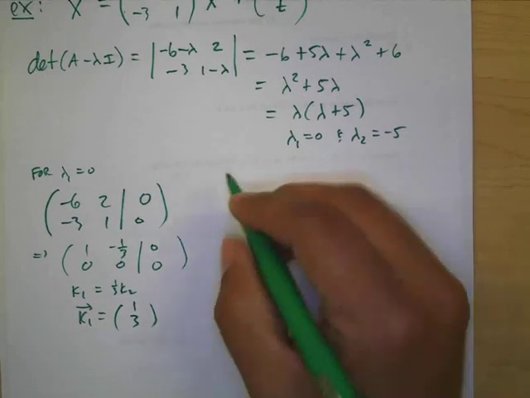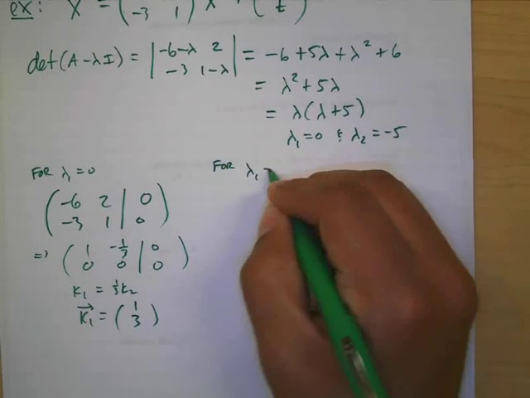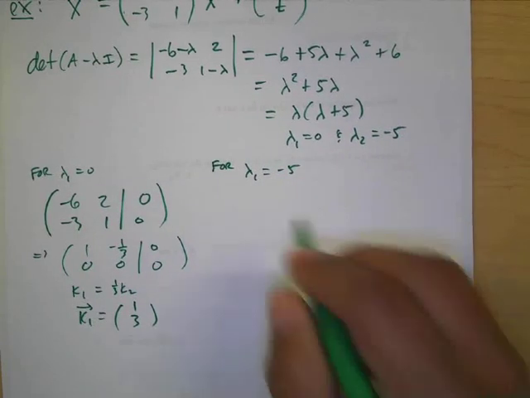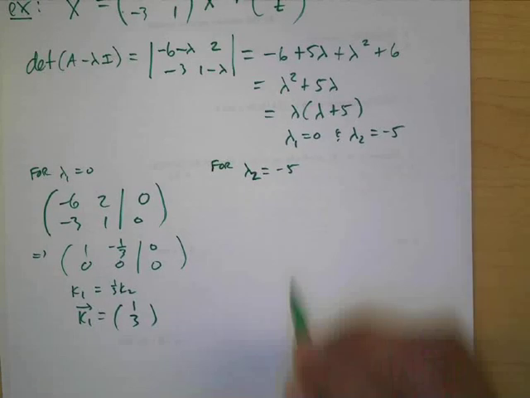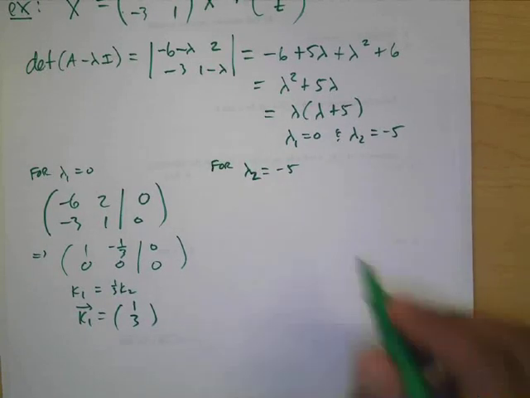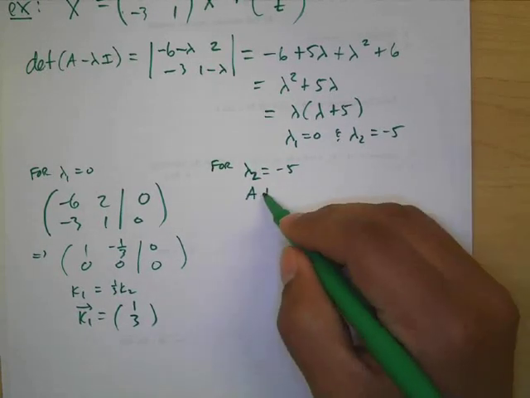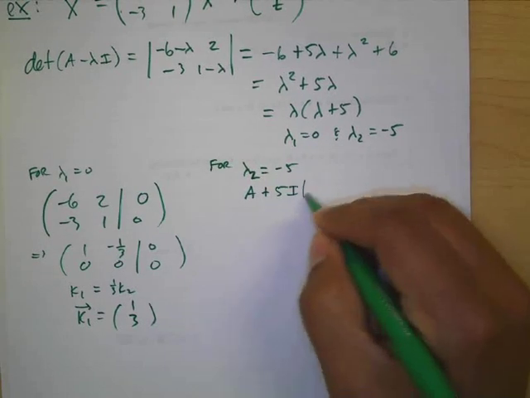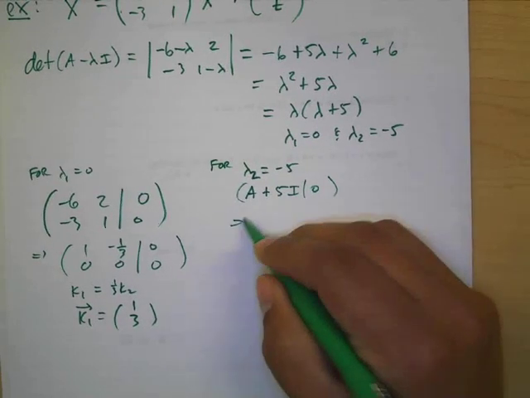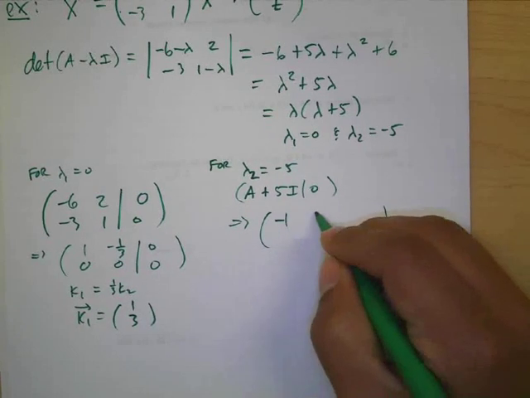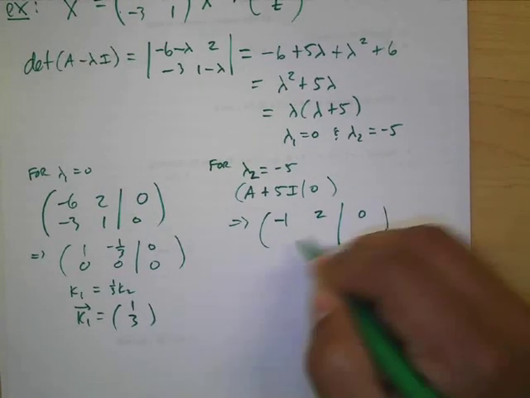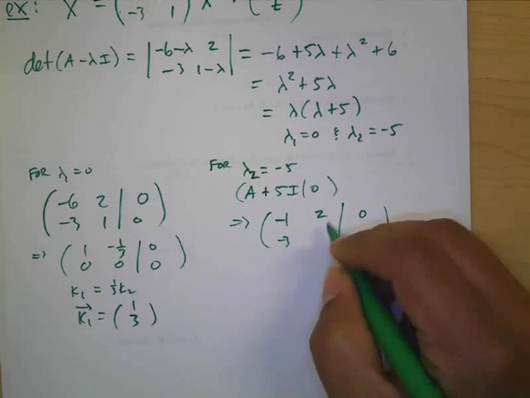For lambda 2 equals negative 5, we want to do A plus 5I augmented with 0. So add 5 along the diagonals. You get negative 1, 2, and then negative 3, 6.